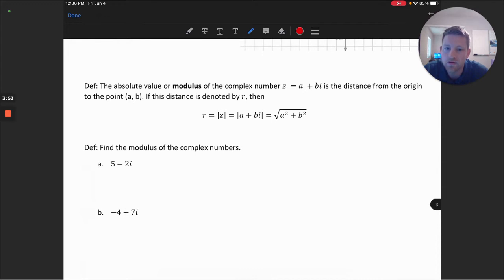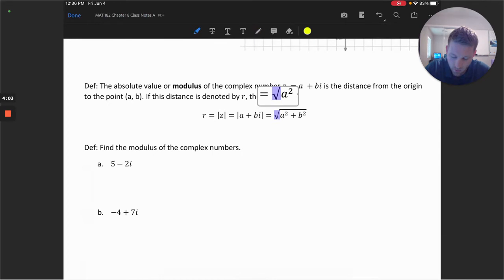If the distance is denoted by r, then we would say that the modulus r is equal to the square root of a squared plus b squared. So again, we call this the modulus, and this is really the measure of that vector that we've graphed.